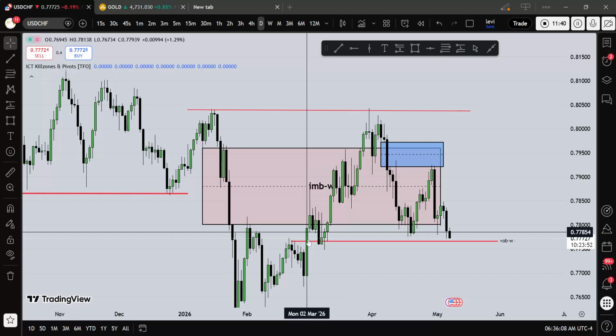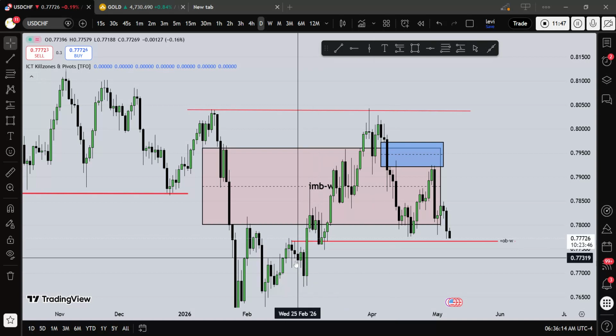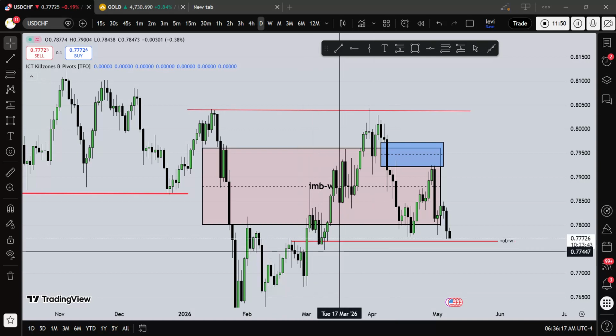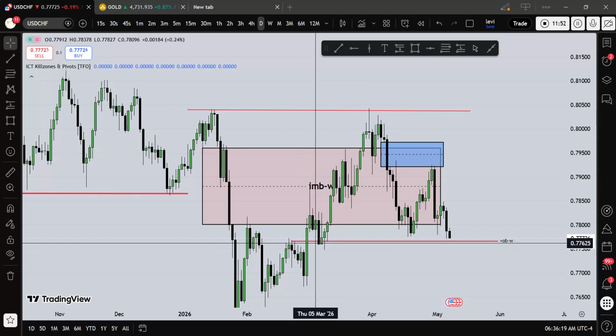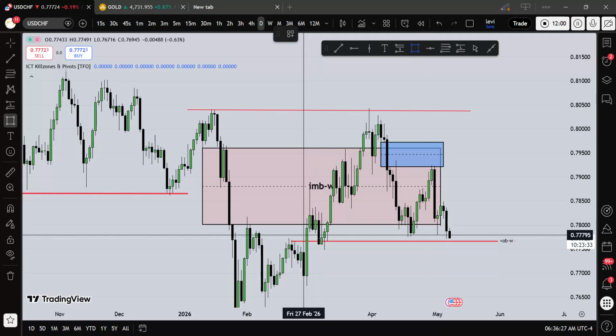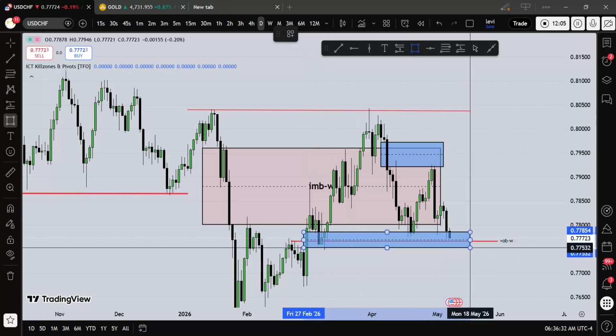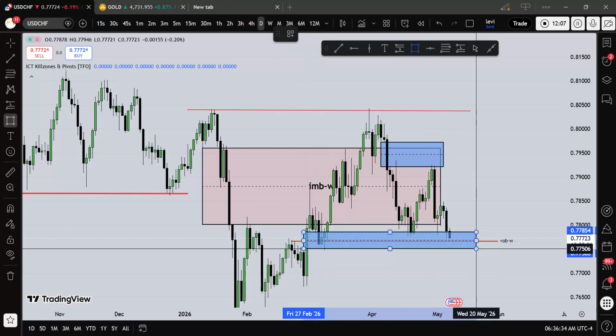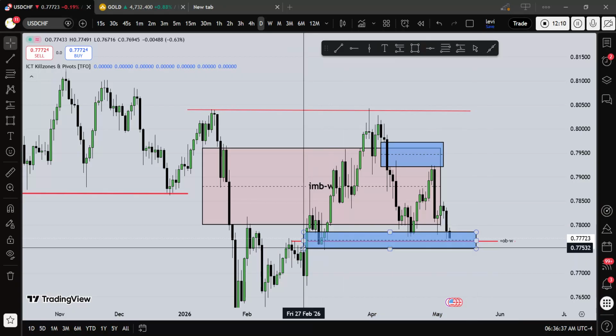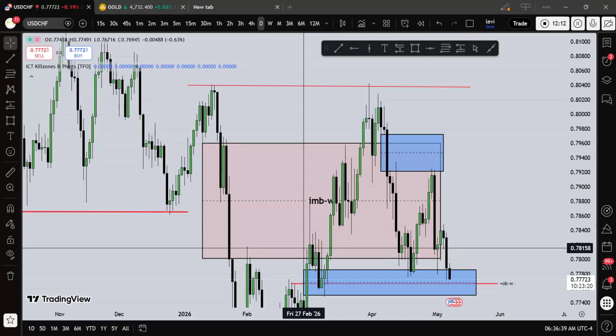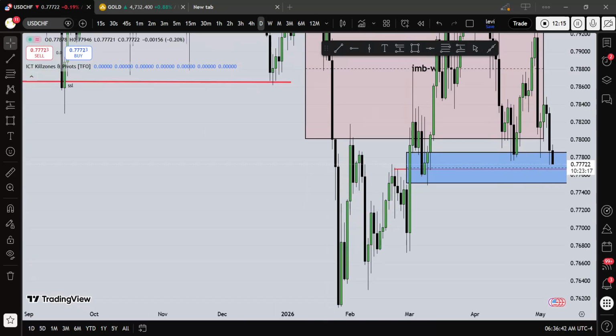I'll not mark that out because if I mark that on the daily, you'll be surprised that the mean, or the consequent encroachment, which is the middle of the imbalance, most likely will correspond with the other block.